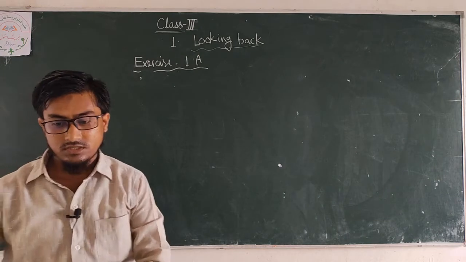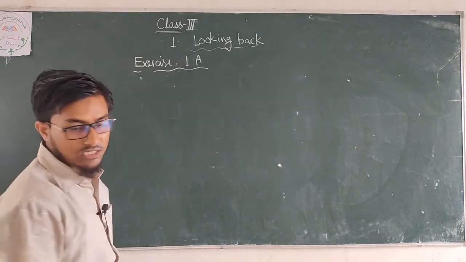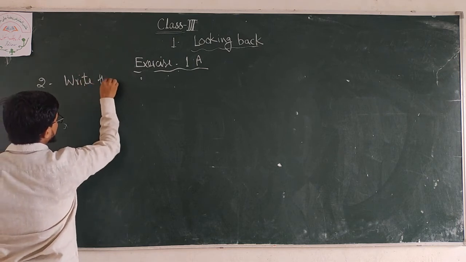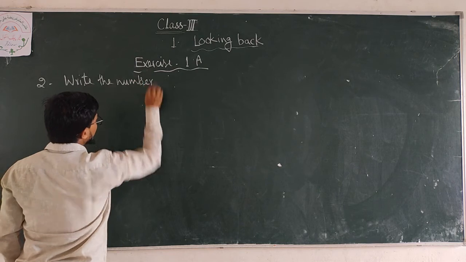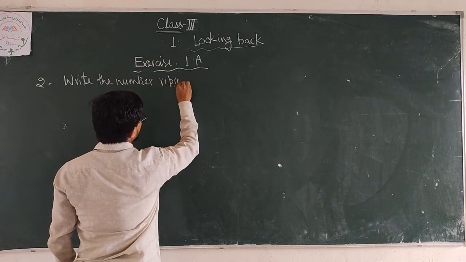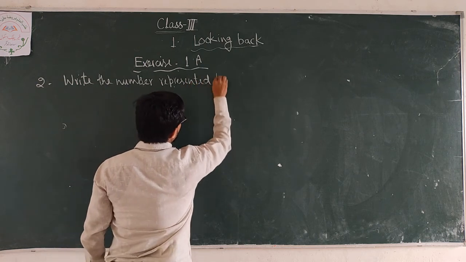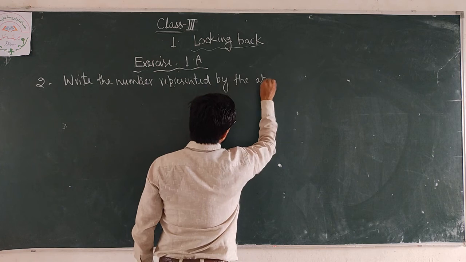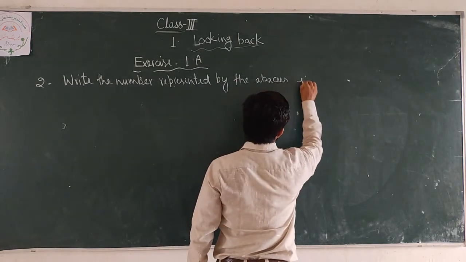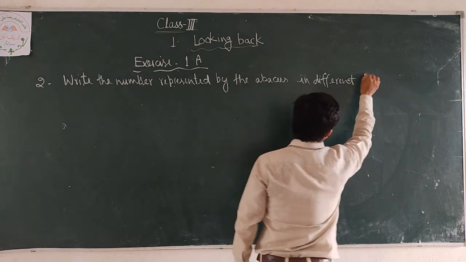Question number 2 is: write the number represented by the abacus in different forms.